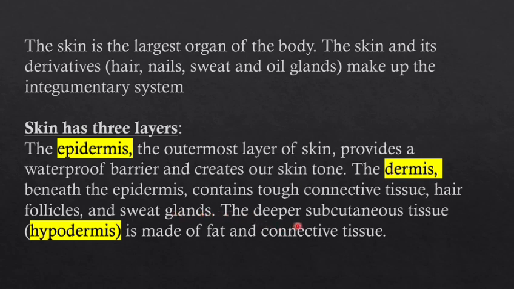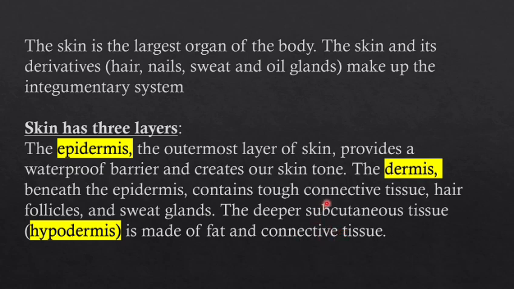Okay, next layer is hypodermis. The hypodermis is a deep connective tissue, made up of fat. In the deeper layer, the skin contains fat in the hypodermis layer, and connective tissue also.